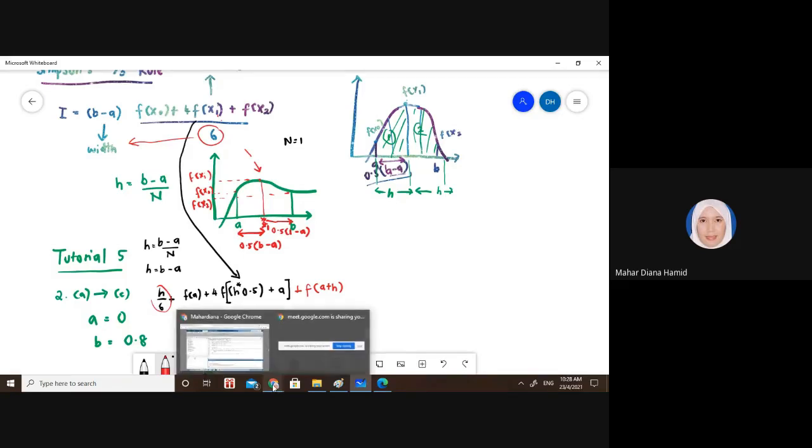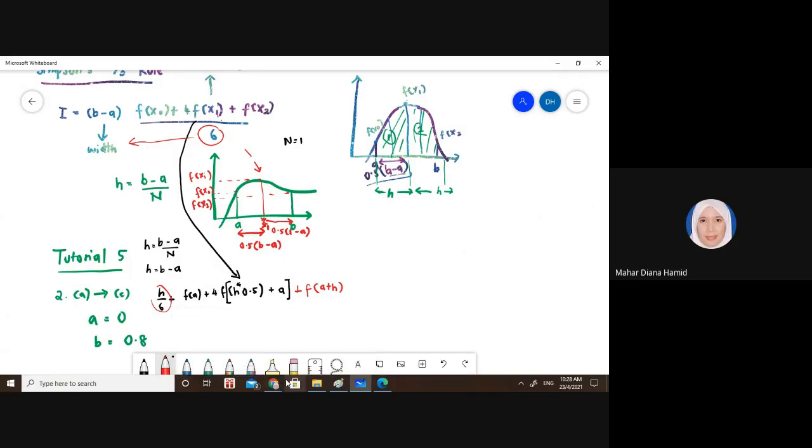So your job here is to do the exercise for tutorial number 5. Can you try to solve the same equation using MATLAB? However, this time you have to use three-eighths Simpson's rule.